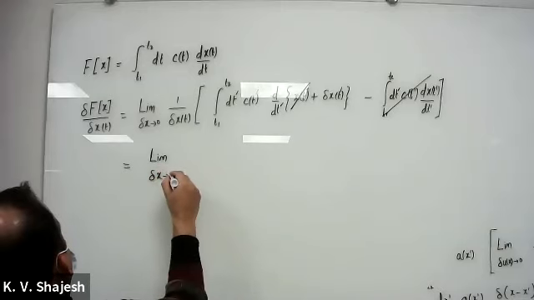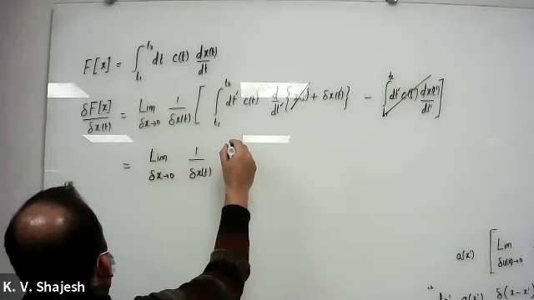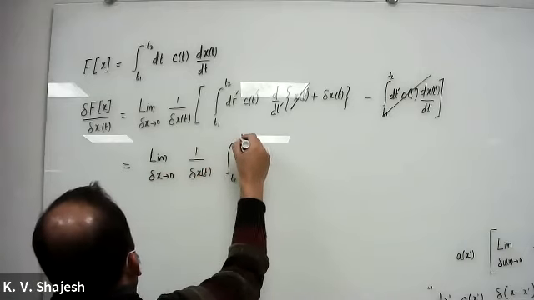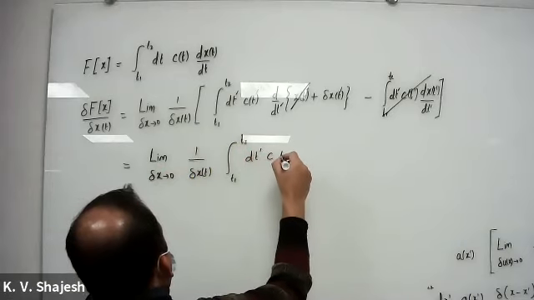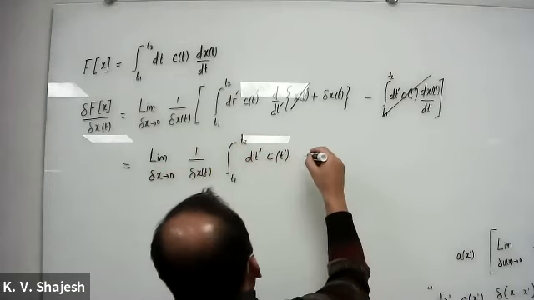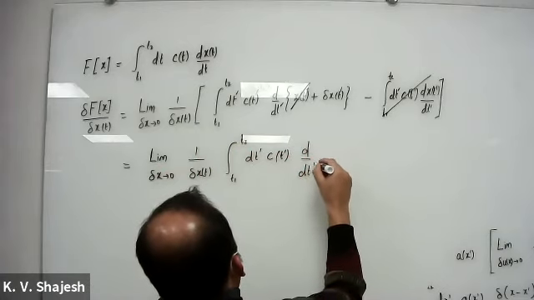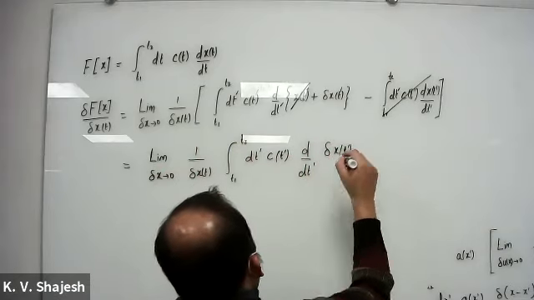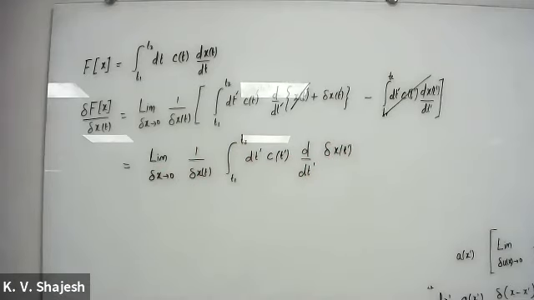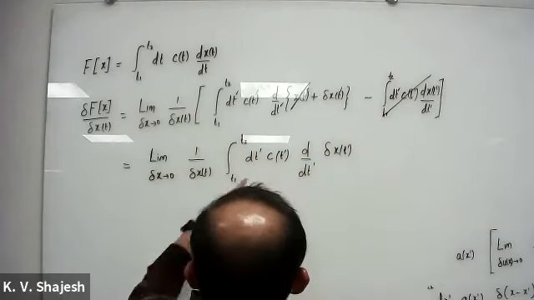as delta x tends to 0 of 1 over delta x of t, the integral from t1 to t2 of t prime, c of t prime, and this is the derivative d by dt prime of delta x of t prime. Everything is with respect to t prime, the differentiation and the integral.